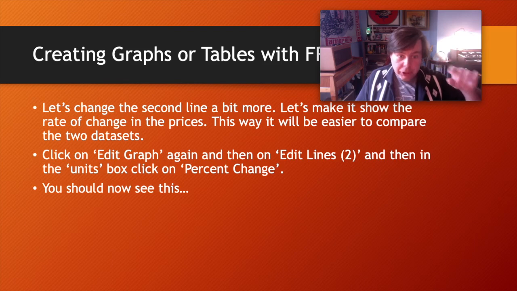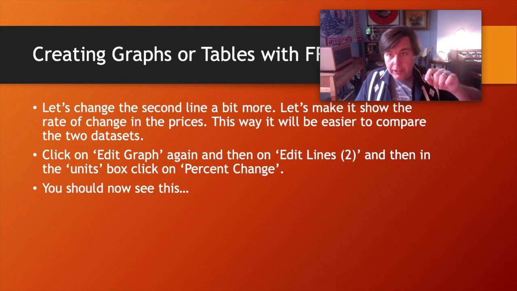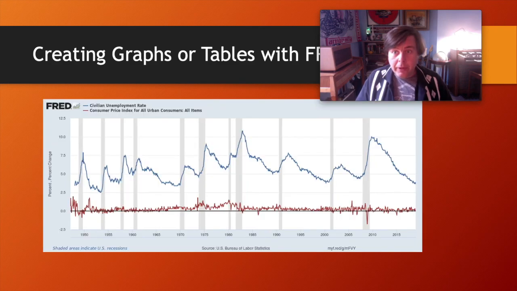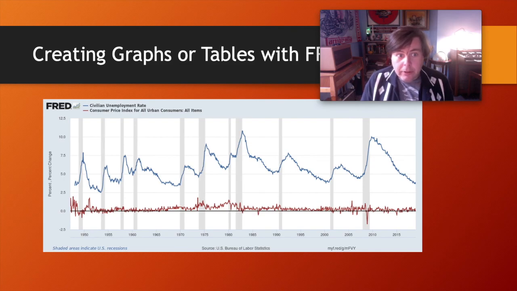And change the units to percent change, okay? And when you do that, you should see something like this, okay? So what we're now looking at is changes in unemployment rates and changes in prices. Or if we wanted to be less techie, we're looking at variations in unemployment and variations in prices.